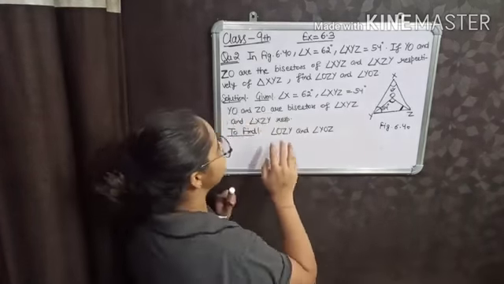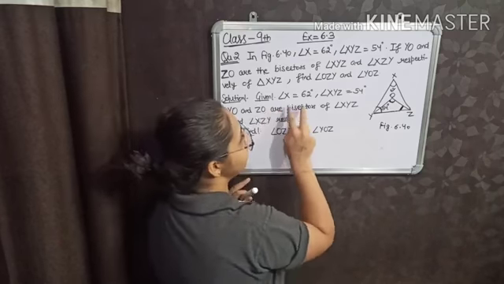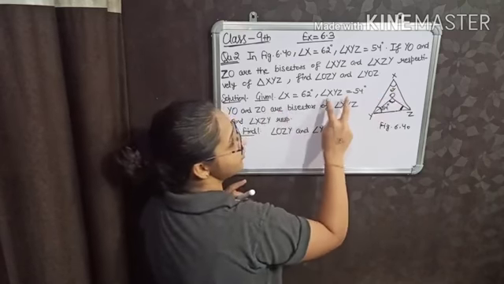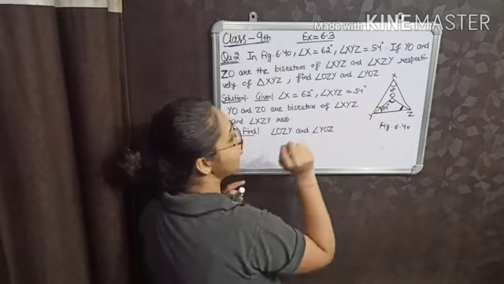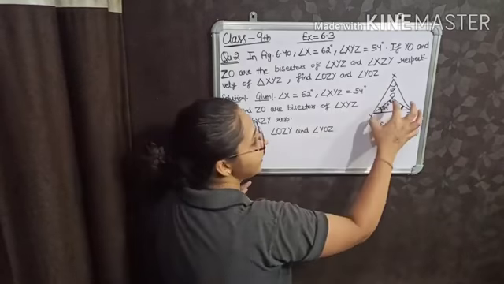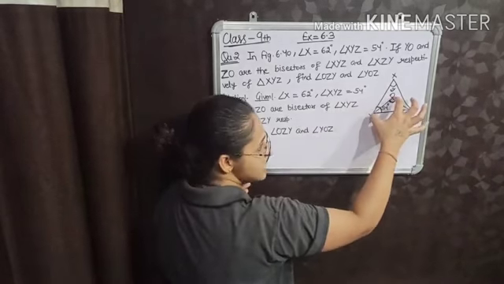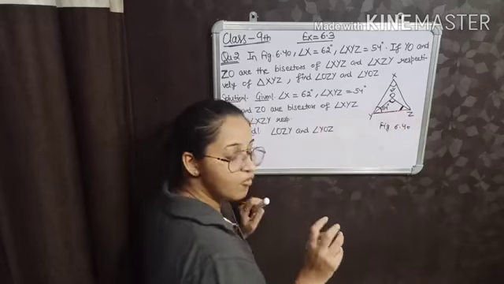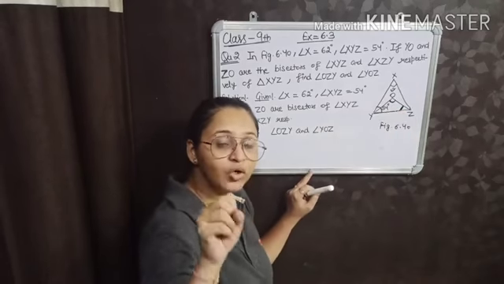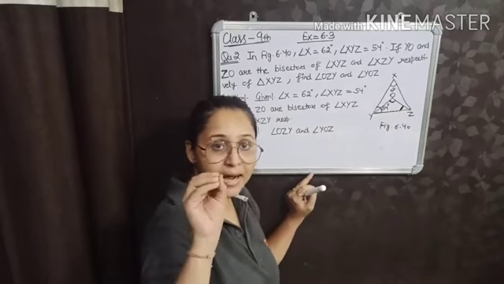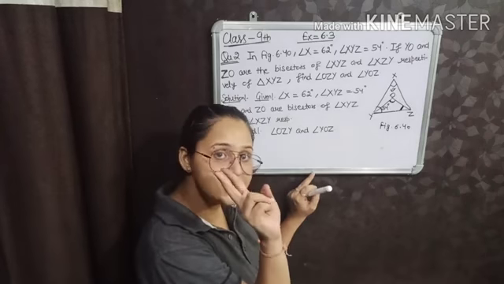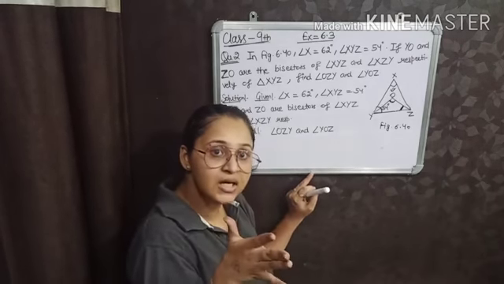Now first you will write given: angle X is equal to 62 degrees, angle XYZ is equal to 54 degrees. Now YO is a bisector of this angle. What does bisector mean? Bi means two, sect means cutting.